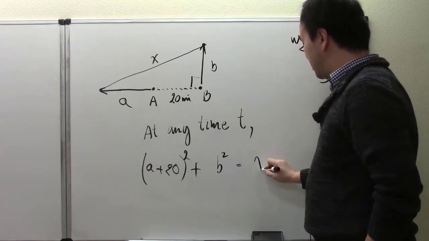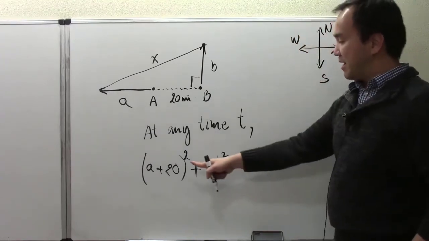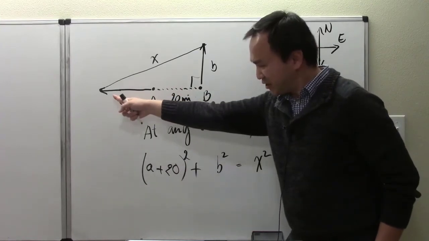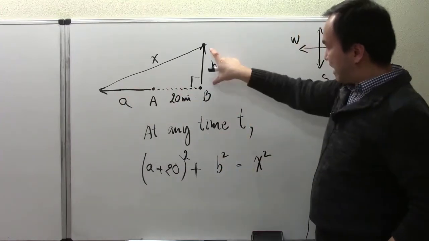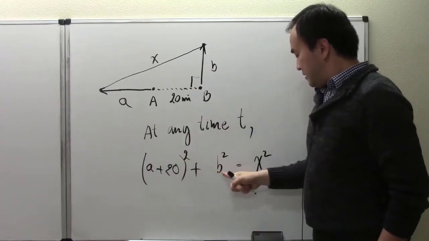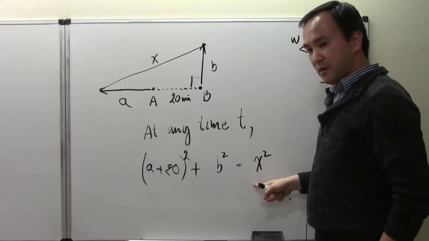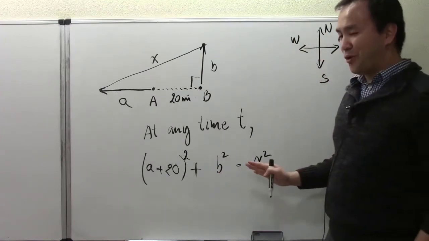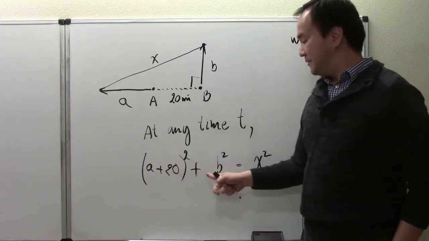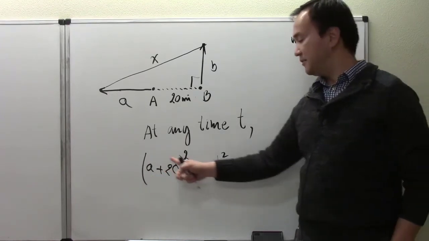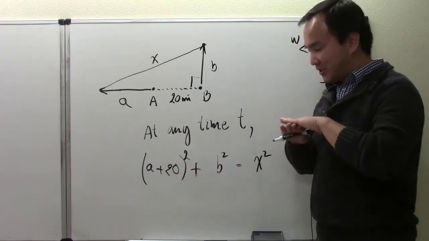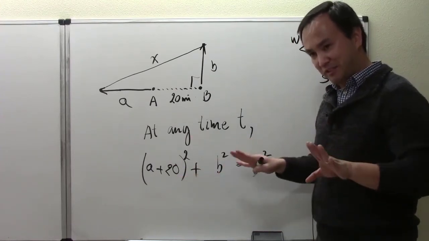So it equals x squared. So (a plus 20) squared is this longer side of our right triangle, and this b right here is our shorter side. But (a plus 20) squared plus b squared must equal x squared. And what we have found here is the relationship relating our three distance variables. Once we found this, it's sort of like half of the problem is done already.